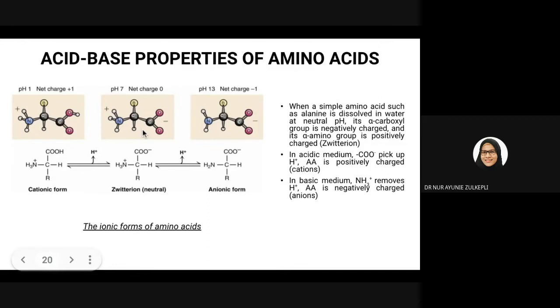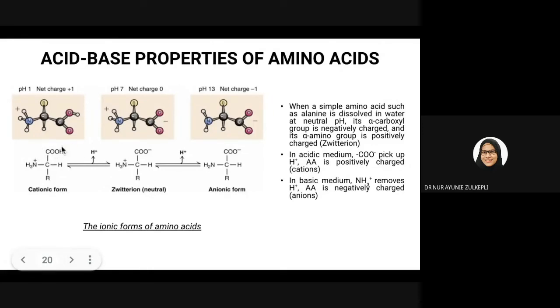What happens when the molecule is in acidic medium? In low pH condition, there is an abundance of hydrogen ions. The carboxyl group, COO, will pick up the hydrogen ion, so it will become uncharged.